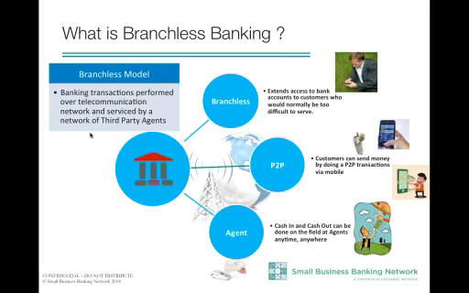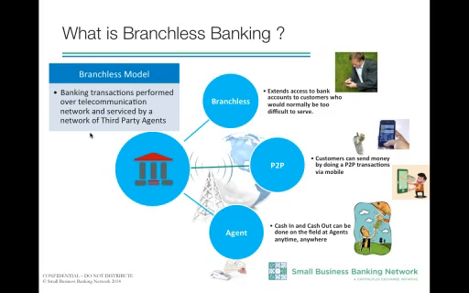The traditional transactions performed when branchless banking started were bill payments, that means utility bill payments, and insurance, and that type of revenue taxes, which have been added on in the recent past. Remittances too: I can transfer money to someone, my family, who may be miles away from my workplace.